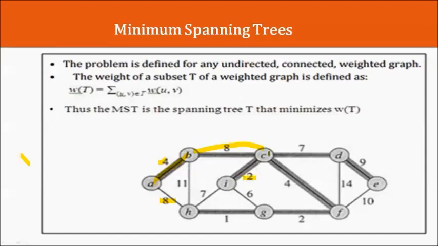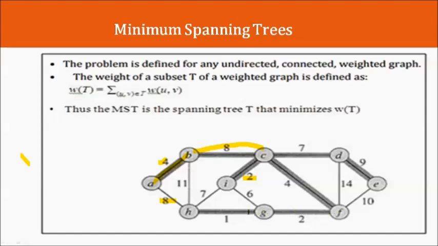Okay, from vertex C, class. So I am going to select 4 so that I can visit the vertex F. And then from vertex F to visit the G, of course, I'm going to select this edge.